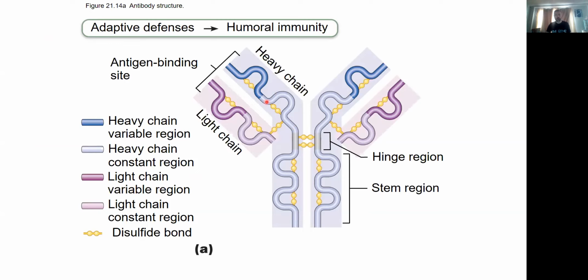And then the light chain is just going to be attached to the arms of our Y. The very, very end of each arm, where we have both heavy and light chain together, this is that variable region or the antigen binding site where we actually bind to the antigenic determinant. And so this is going to be the part that's different in different antibodies, right? All the rest of this is going to be the same. This is going to be the part that makes an antibody specific against one particular pathogen.